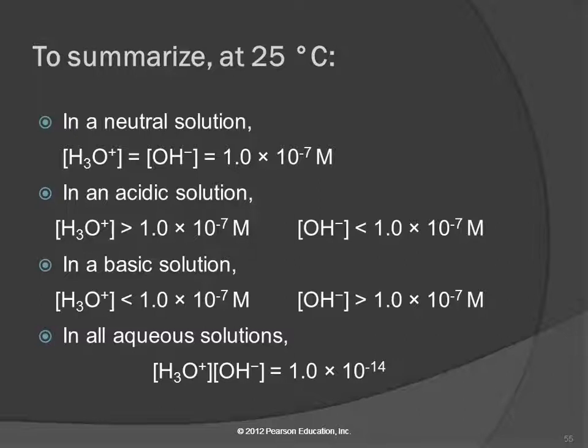So what we call an acidic solution has more of the acidic ion. Okay, H3O+ is the acid, right? Because it can donate a proton. So the acid concentration is higher in an acidic solution. If the acid concentration is higher, then the base concentration has to be lower.